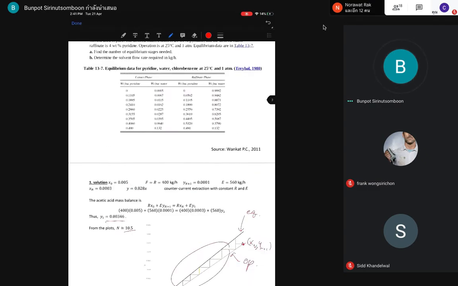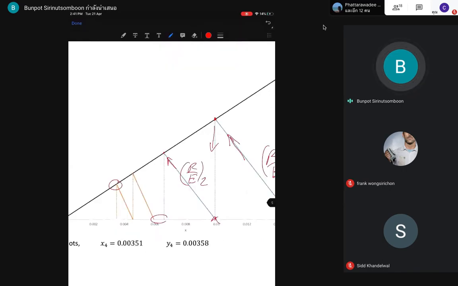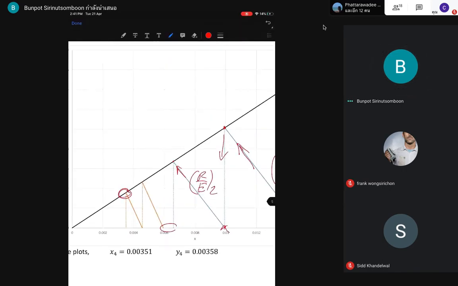So from the graph, this point right here is R over E for the third stage, and this is for the fourth stage.